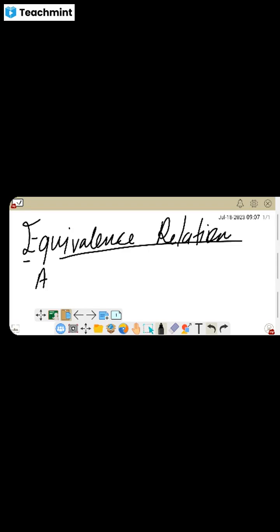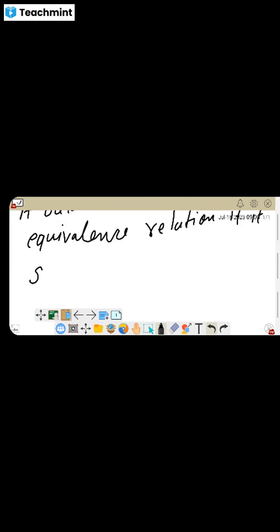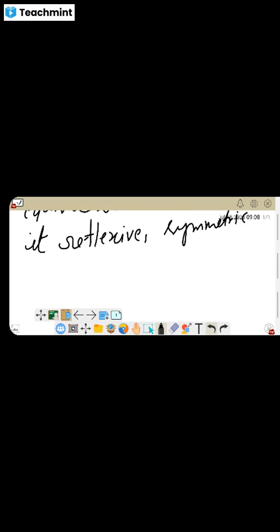A relation R is said to be an equivalence relation if it is reflexive, symmetric, and transitive.